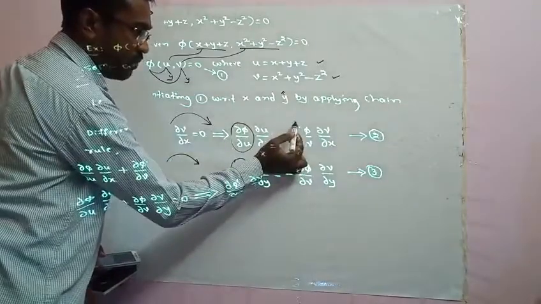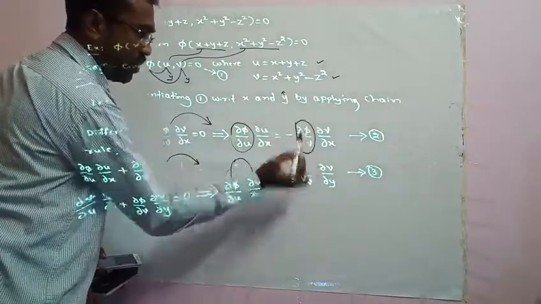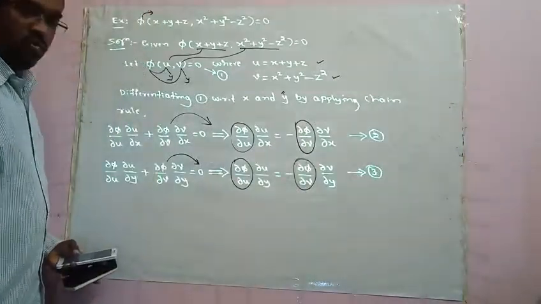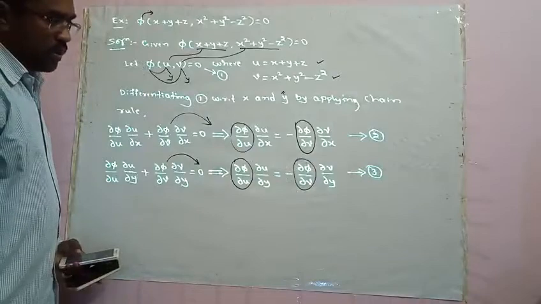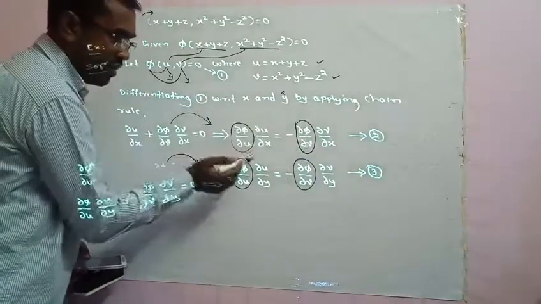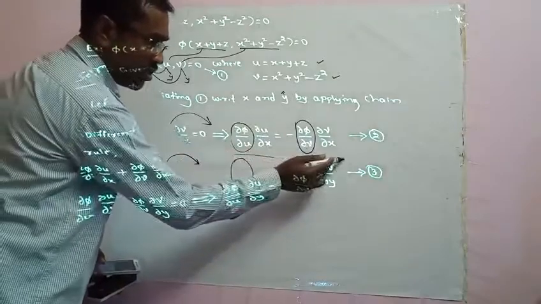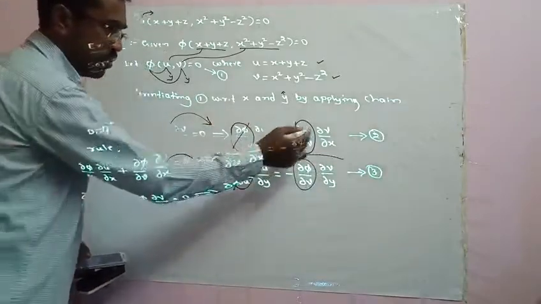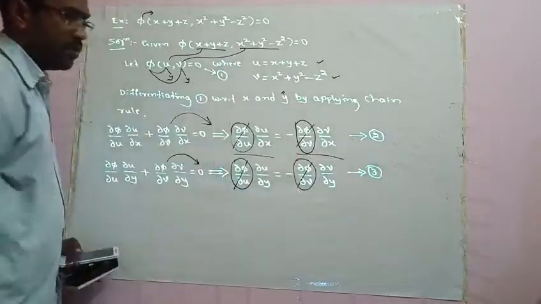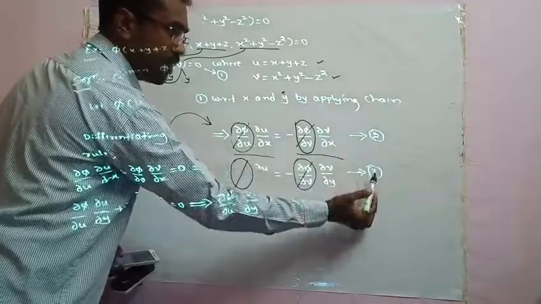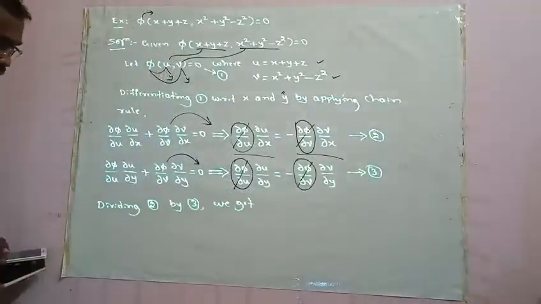Here we have dou phi by dou v, and here also. If you divide these equations, the dou phi by dou u and dou phi by dou v terms will cancel. So we need to divide 2 by 3.